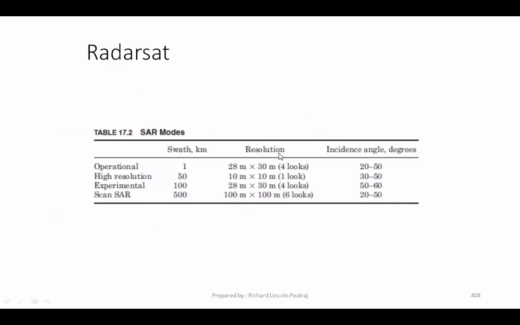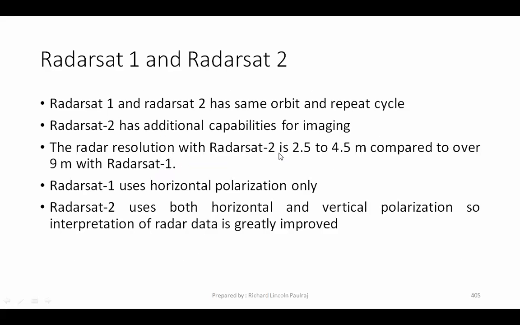Now all that was possible only because of the type of materials that were employed in the satellite. So Radarsat 1 uses horizontal polarization, and with Radarsat 2 they try to employ the vertical one also. So as and when a newer version of a satellite is launched, we try and make sure that these are of higher grade, better quality, good batteries, better battery backup.